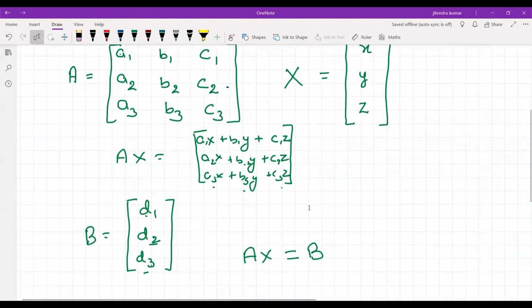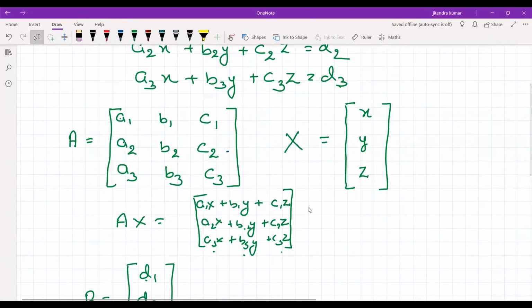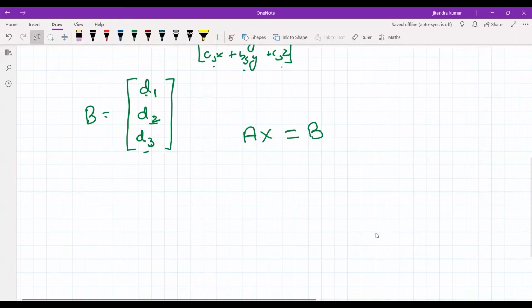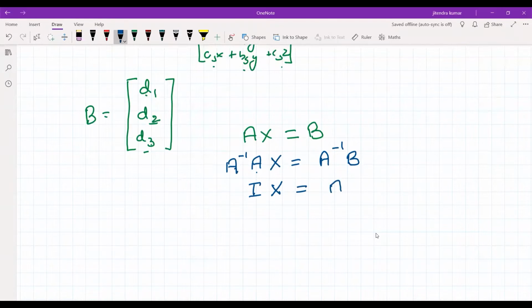So basically we have to find all the elements of the matrix X. What we can do here is, if we post-multiply both sides by A inverse, we will get A inverse A into X is equal to A inverse B. Now A inverse into A will be equal to the identity matrix, so we have identity matrix into X equal to A inverse B. The identity matrix into X will give us X only. So X is equal to A inverse B.